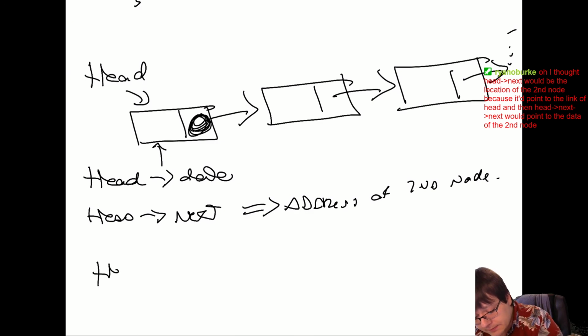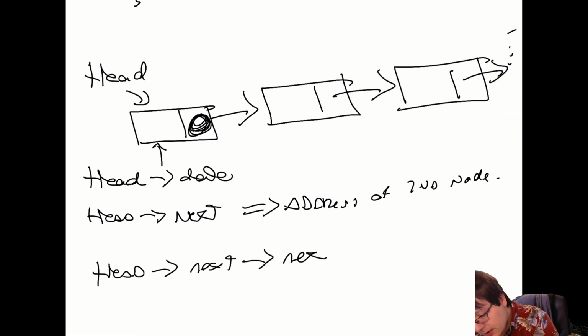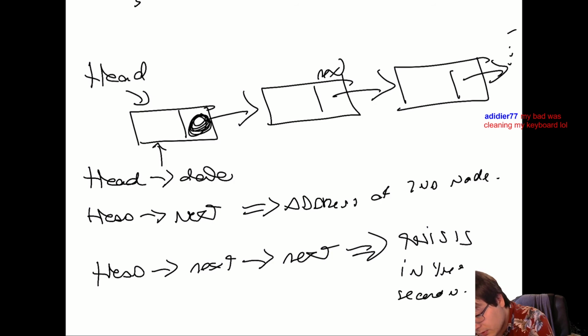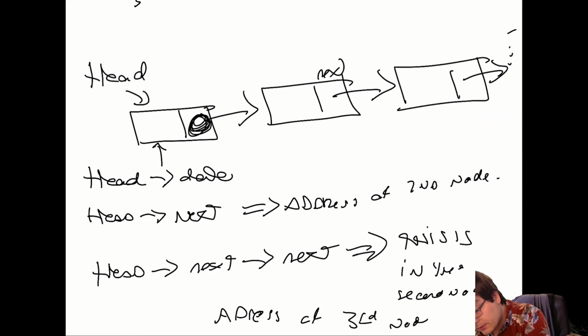Because of that, head next next is actually the next here. So this is in the second node. However, it's actually the address of the third node.